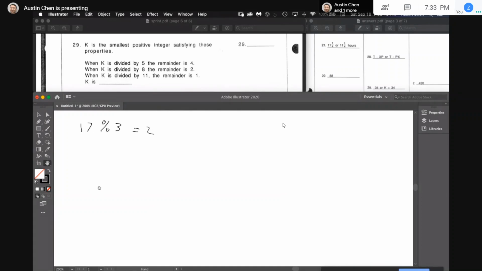So all of these are just modulus equations. We have k modulus 5 is 4, k modulus 8 is 2, and k modulus 11 is 1.